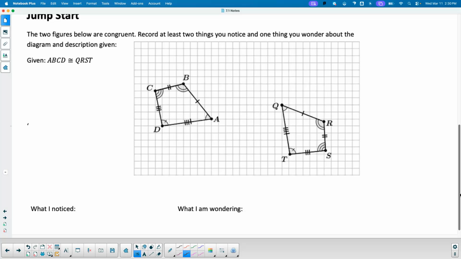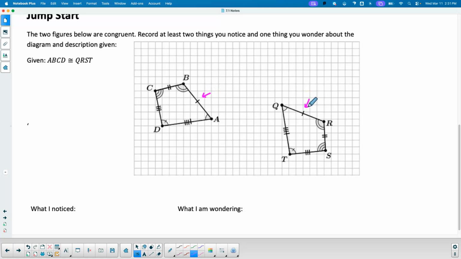Okay? So, in geometry, in geometric figures and shapes, which you're going to see a lot in this unit, there's a way to describe parts that are equal and congruent. If I'm dealing with a side length, then I'm dealing with these slashes.